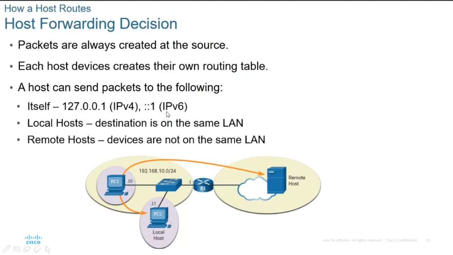Pagka naman IPv6, so ang kanyang IPv6 address is ::1, two colons, then 1. Ito yung loopback interface naman ng IPv6, kung ipiping niya yung kanyang sarili. And then the local host, so this is a destination host on the same local network as the sending host.